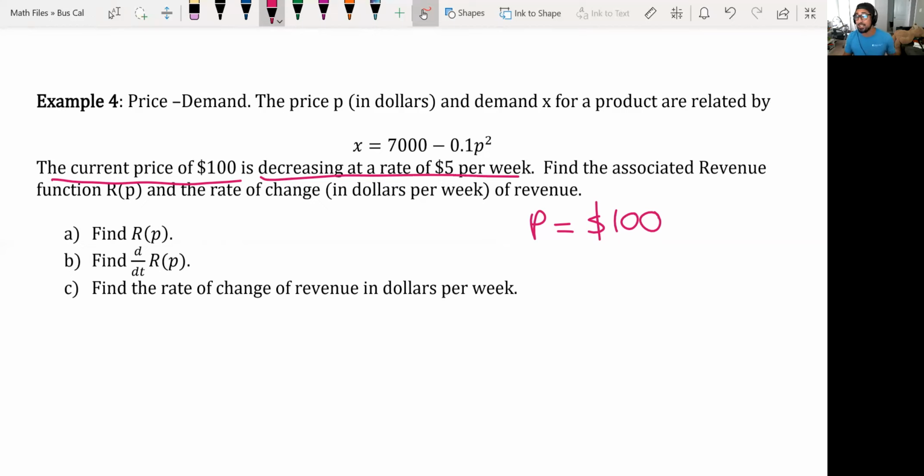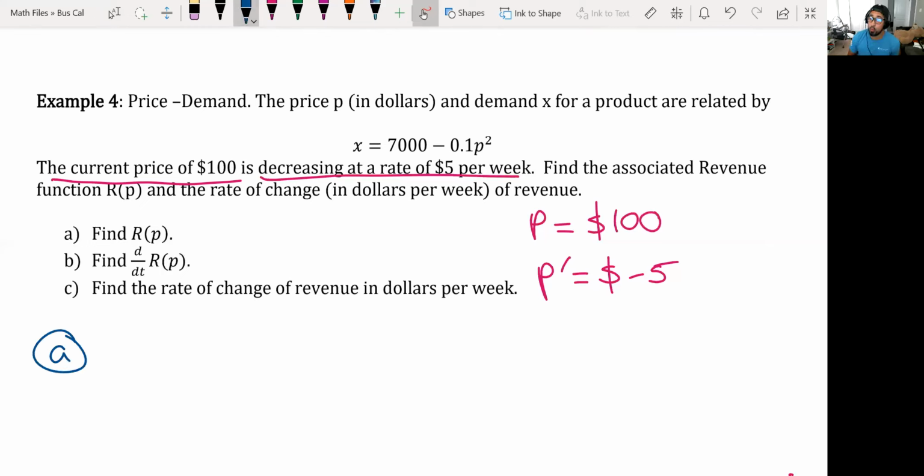So if price is decreasing, this means they're giving us P prime, and they're giving us that it's decreasing at a rate of negative $5. Okay. Now, we have those pieces given to us. Now we need to find the revenue function. So that's step A.